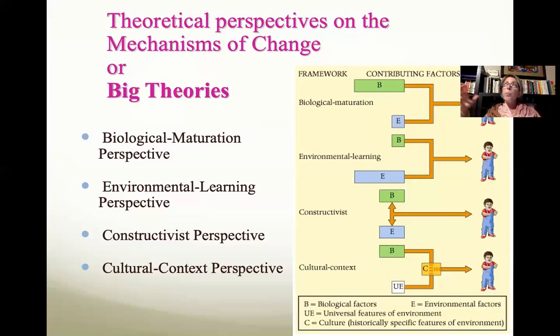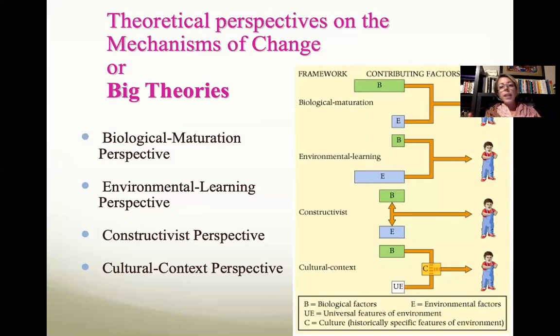So between all of this info from their body growing and maturing and from the environment, they're constructing, constructivist, this is the term, right? They're constructing their understanding of the world, right?